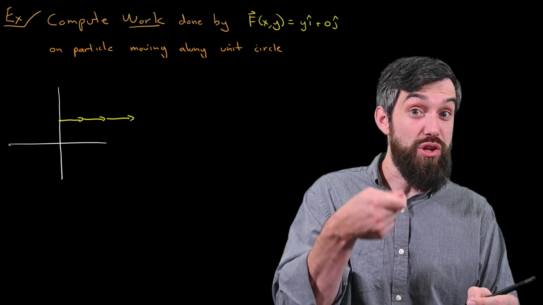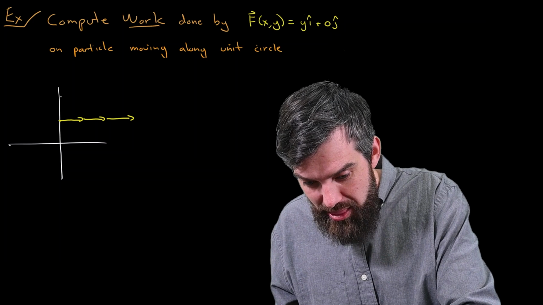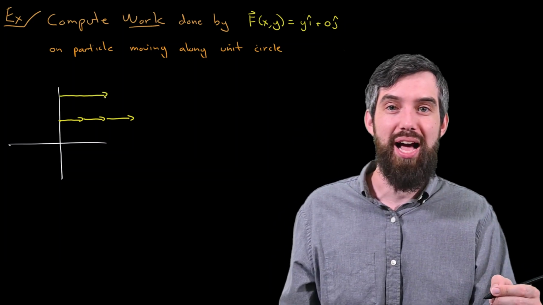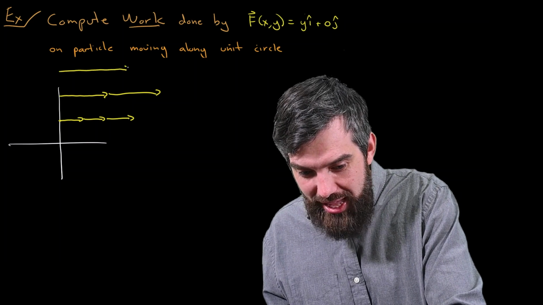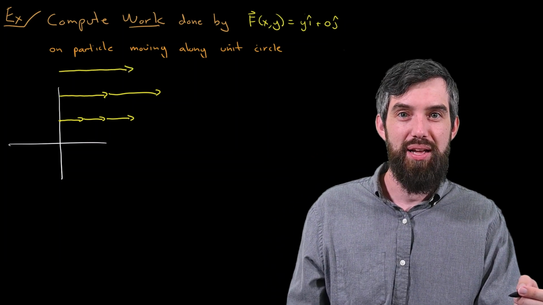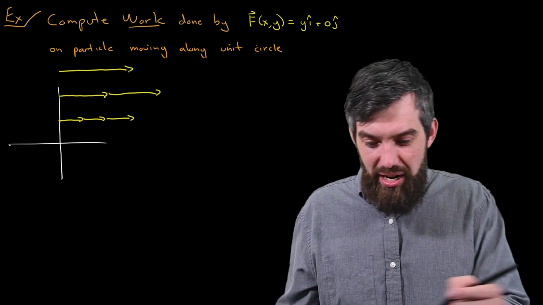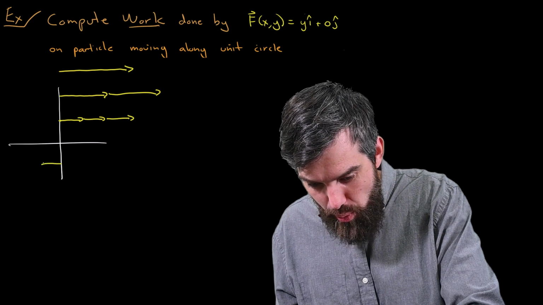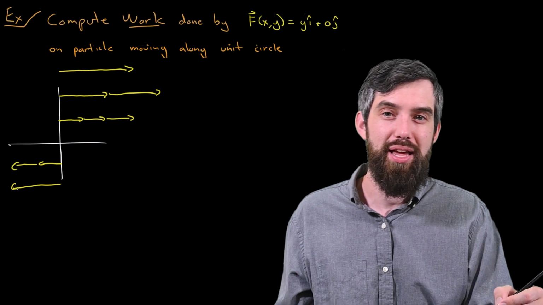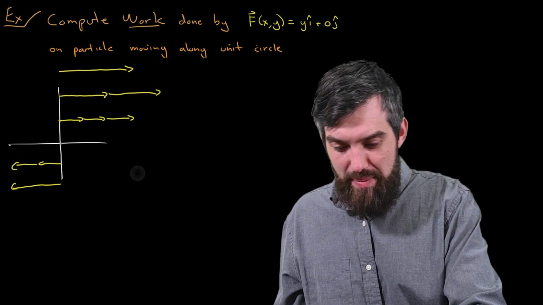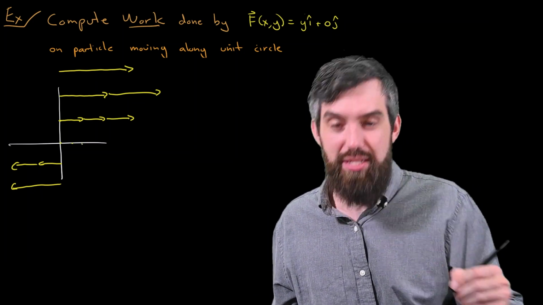If the y value was twice that, say 2, then the vector would also be of length 2, and so forth. So this is a vector field that gets longer as it goes up. Likewise, if the y values were negative, say down here, it would be pointing off to the left, and so on and so forth. If you're along the axis, maybe I would just draw a dot right there because those vectors are going to have no length.